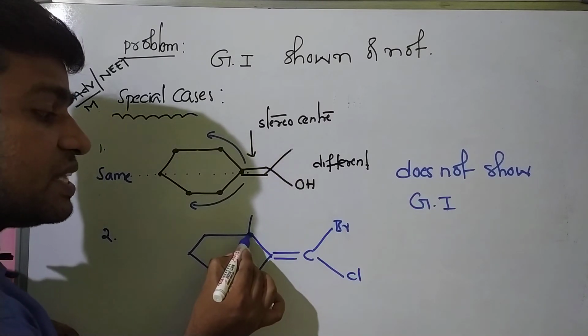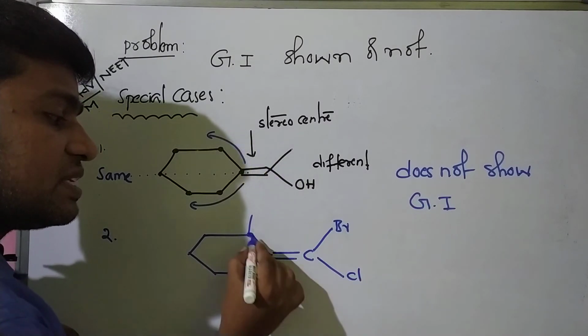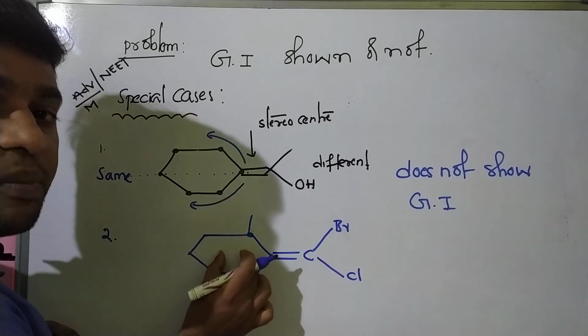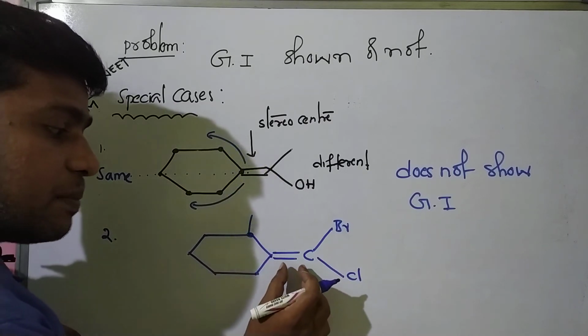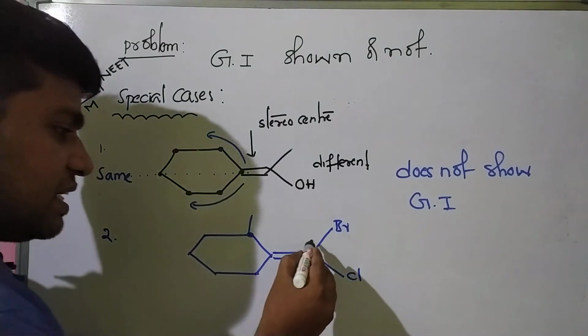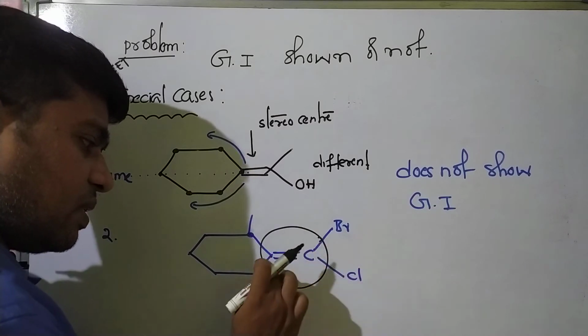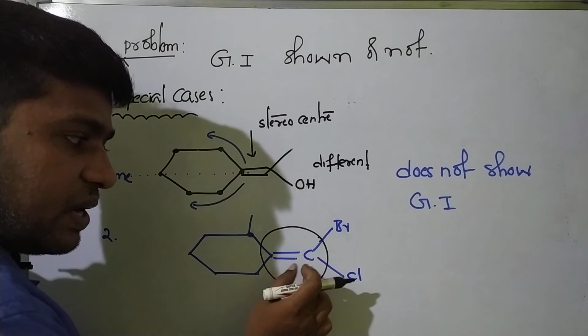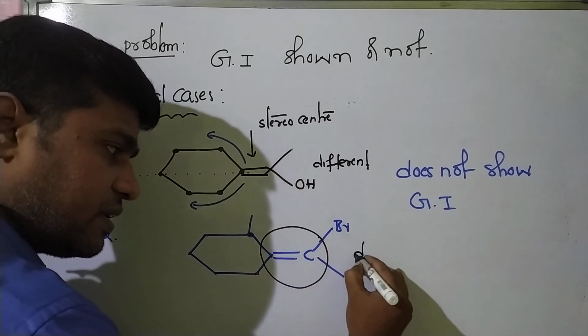But this is sp3, this is sp2, this is sp2, this is sp3. So the cyclohexane ring doesn't show geometrical isomerism. But come to this part. This is the stereogenic center. Carbon-carbon double bond is a stereogenic center, because these two groups are different.